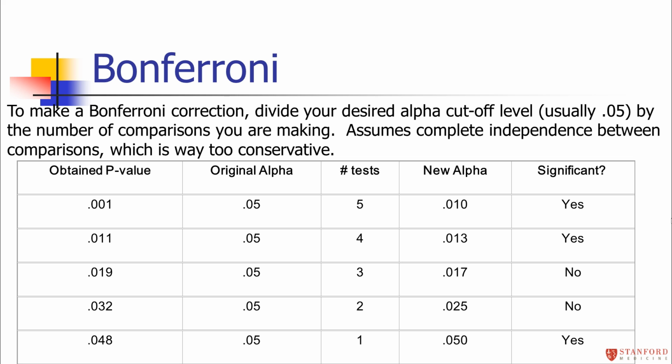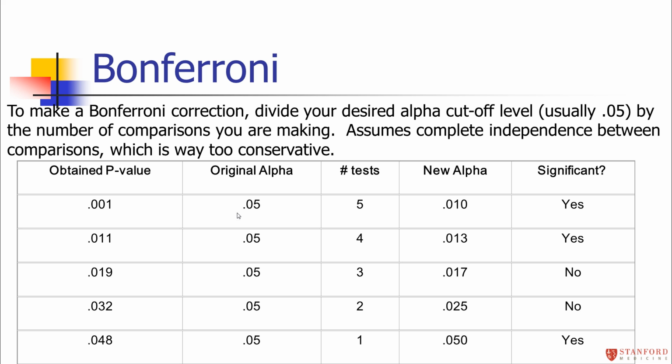All you're doing with the Bonferroni is saying, let's say you want to control your type 1 error rate study-wide, for all of your tests, not just one test, at a level of 0.05. And let's say you want to run 5 tests. One way to keep your overall alpha, your overall type 1 error rate, at 0.05 is to require statistical significance to be more stringent.